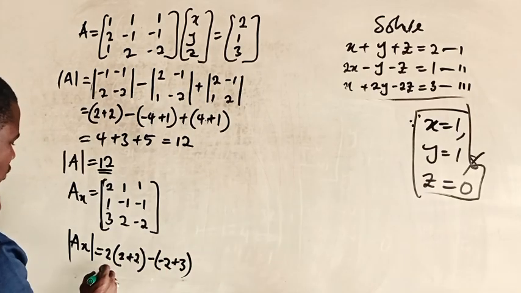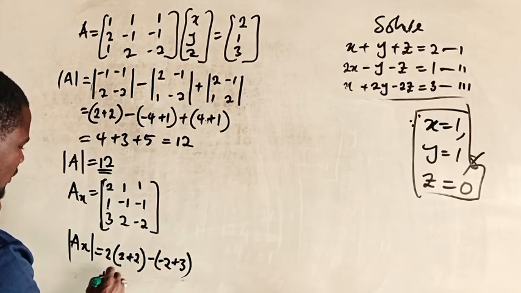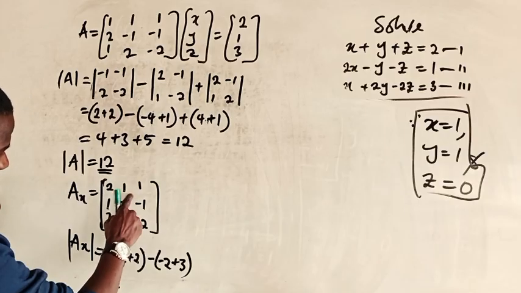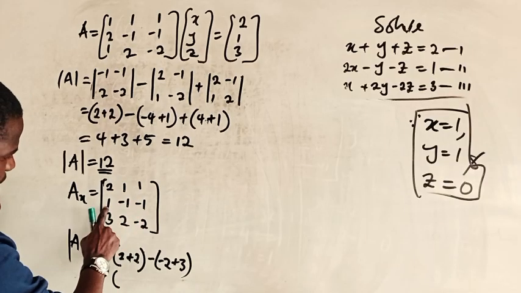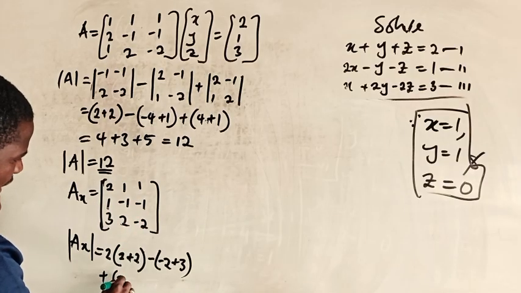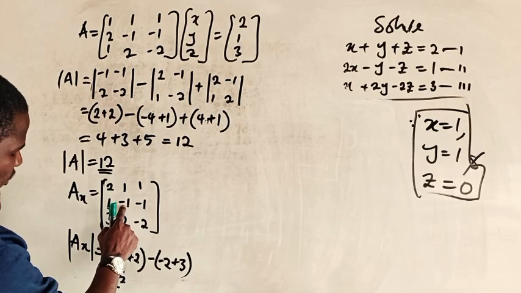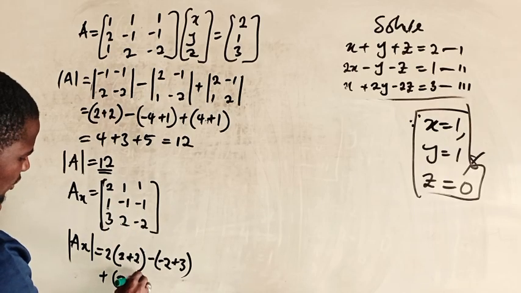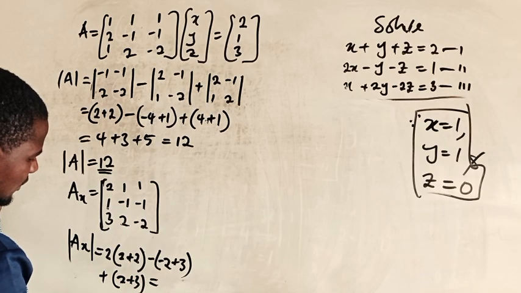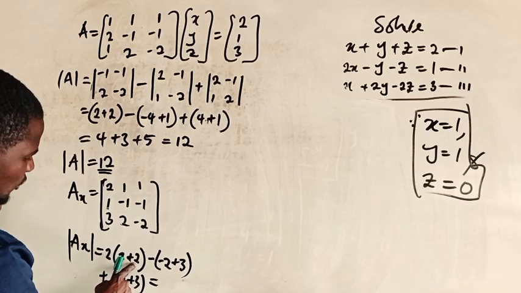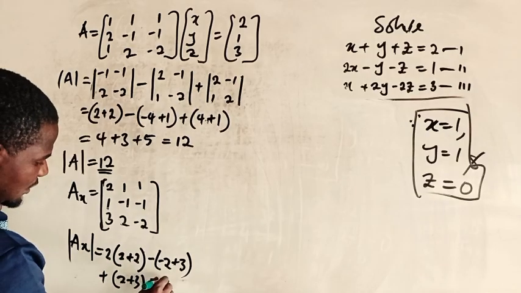The next cofactor is positive, plus an open bracket: 1 times 2 is 2, then 3 times minus 1 is minus 3, which with the minus is plus 3. So the next thing I have is 2 plus 2 is 4, times 2 is 8.